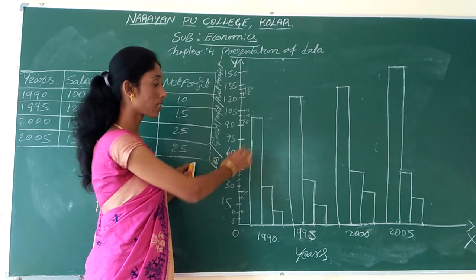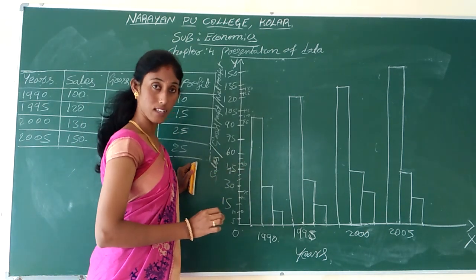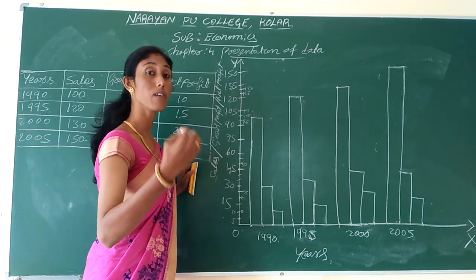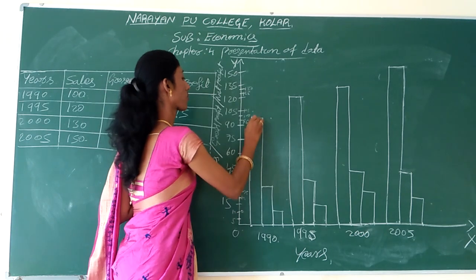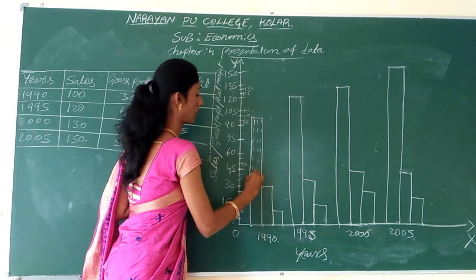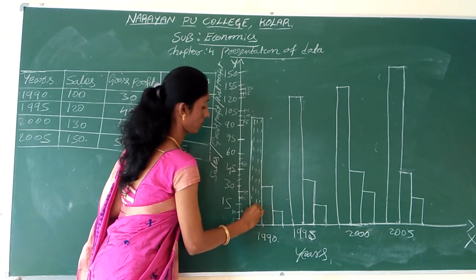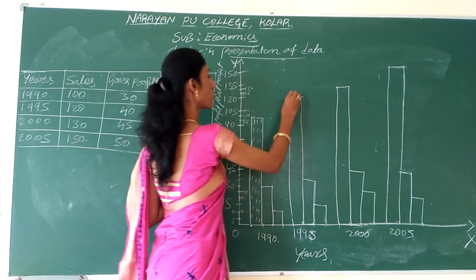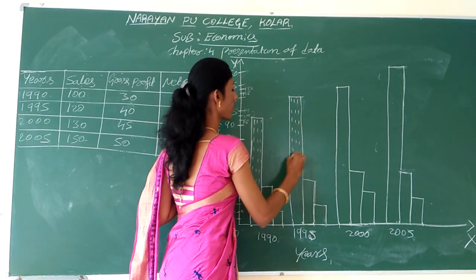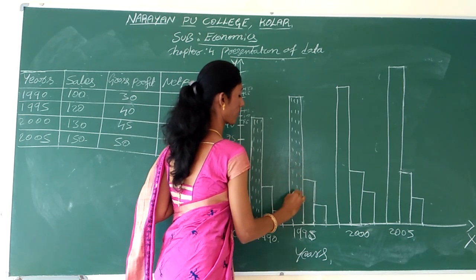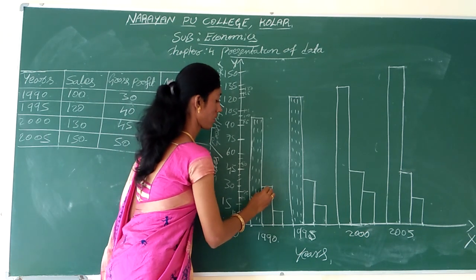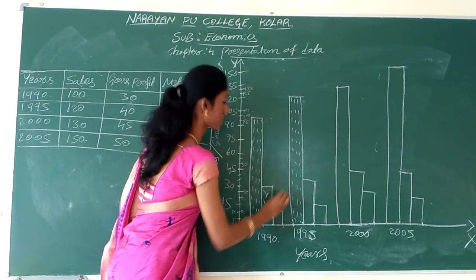Now, for easy identification, we can give different shades. For the sales bars, or rectangles, we can give the same type of shade, like I give dotted shades, only for sales. Then next year, plain lines.